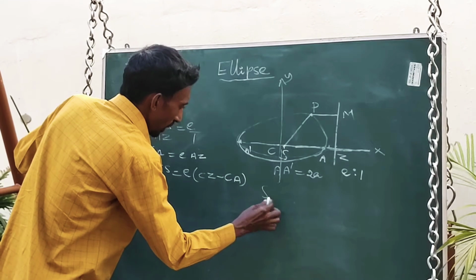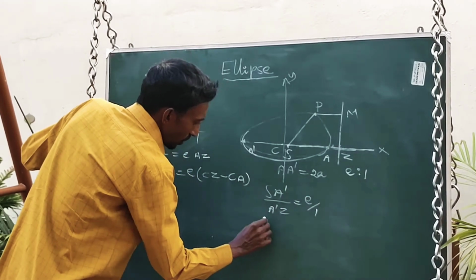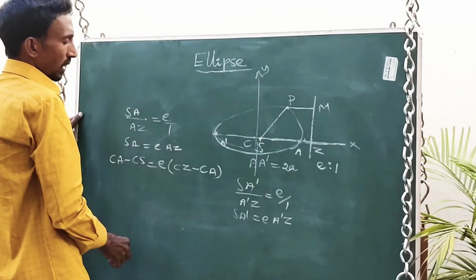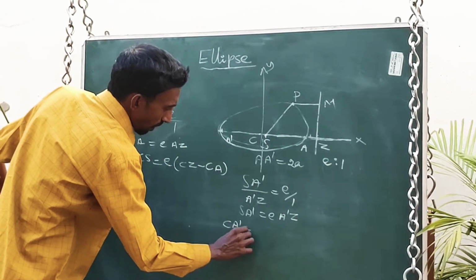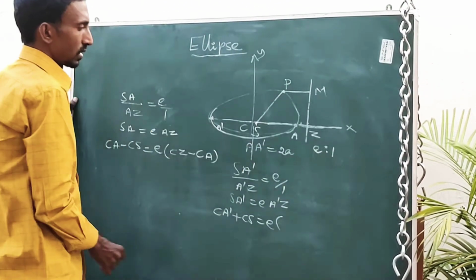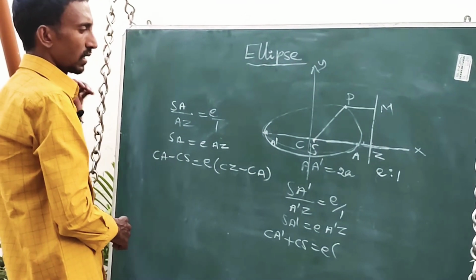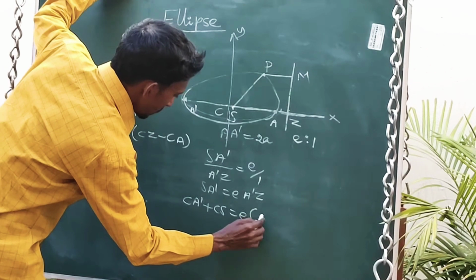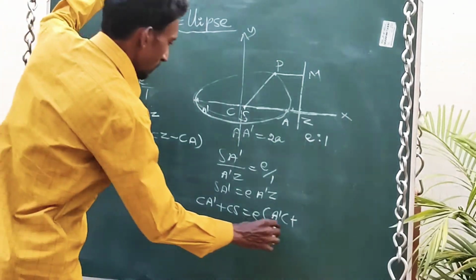So SA dash by A dash Z equals e by 1, so SA dash equals e into A dash Z. SA dash is nothing but CA dash plus CS, equals e into A dash Z. A dash Z is obtained as A dash C plus CZ.